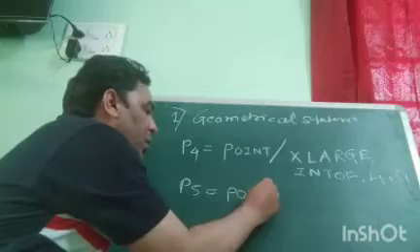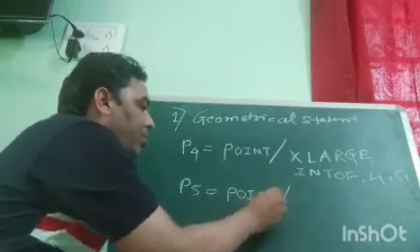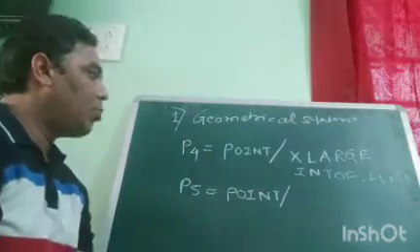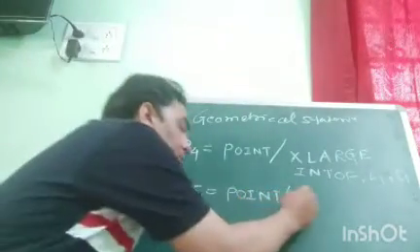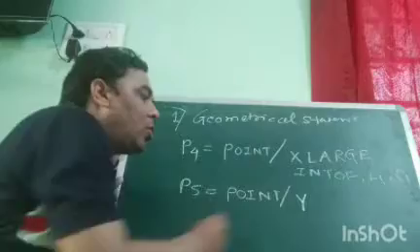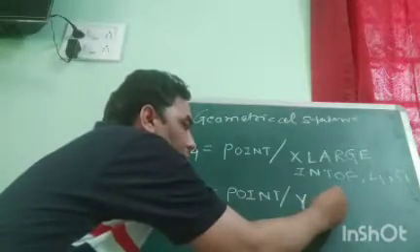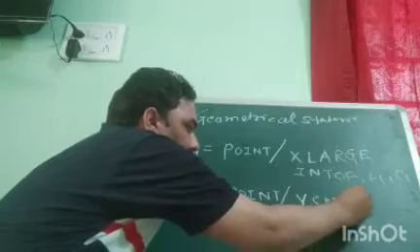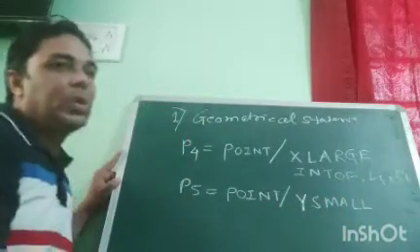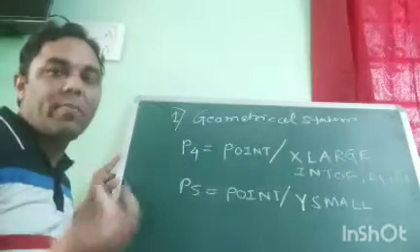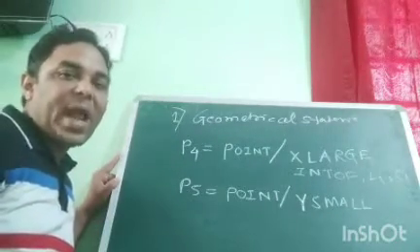So we just need to write down as we have written in the previous example. P5 is equal to POINT, and the y value is the smallest value, so we need to write down capital Y and small value of y, which is formed due to the intersection of what? Intersection of circle C1 and C2.